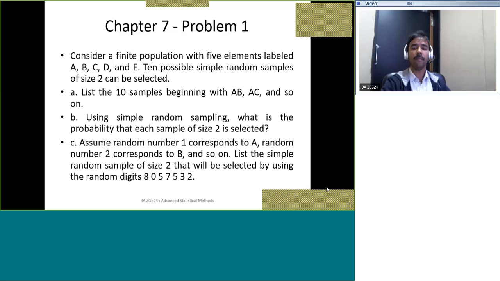List the 10 samples beginning with AB, AC, and so on. So can you please tell me what they will be? The 10 are AB, AC, AD, AE, BC, BD, BE, CD, CE, and DE. Correct?